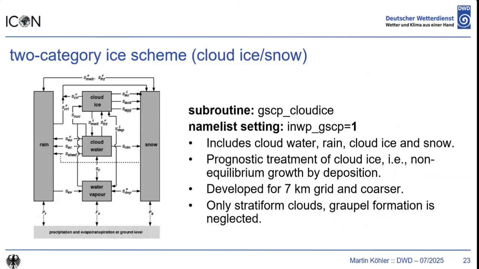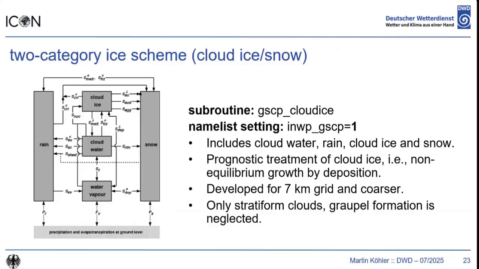And what we have in the model is not one microphysics scheme, but we have 5. Now you have to count through if it was 5 or 6. The first one is the simplest one, which I'm showing here on the left in the picture.